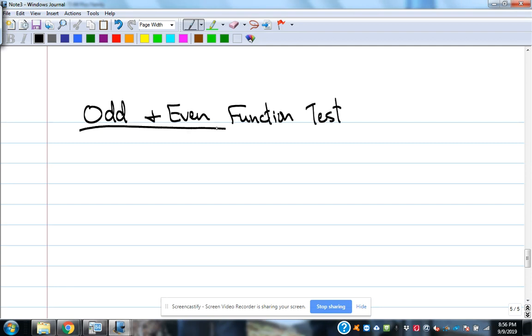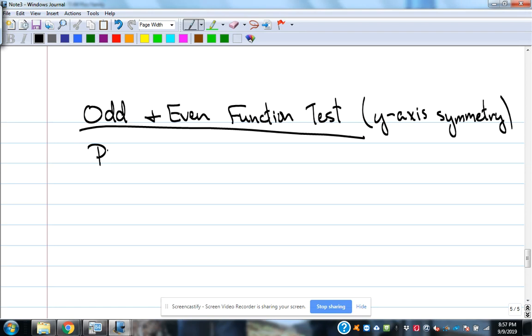The odd and even function test is the same as the y-axis symmetry test. What's the y-axis symmetry test? What do you do? Plug in what? Negative x. Okay? It's the same test for odd and even.